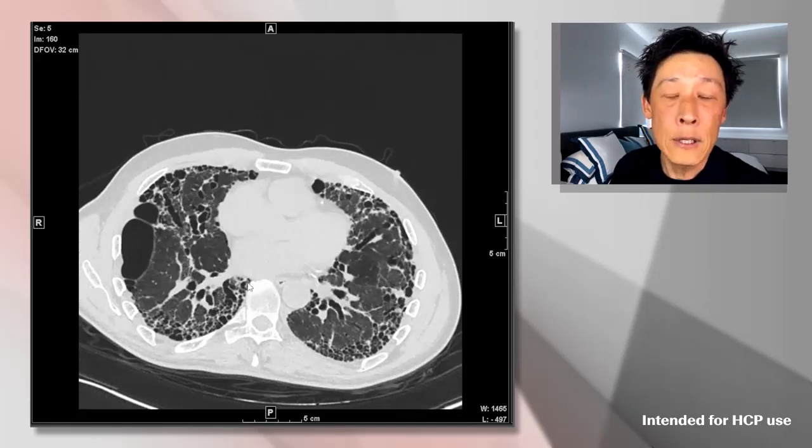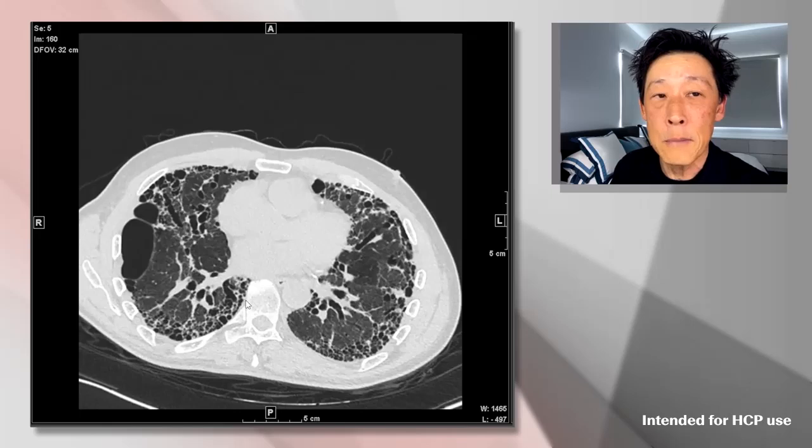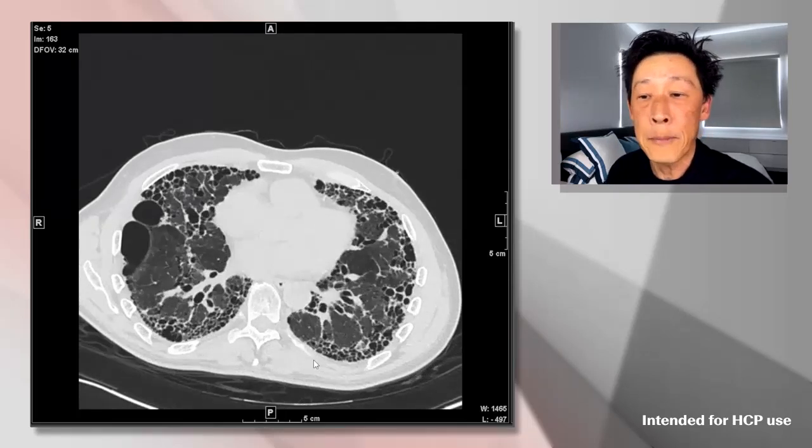And again, if we look here, this is central in the chest, and just as I mentioned earlier, central in the chest doesn't necessarily mean central in the lobe. When we talk about central and peripheral, it's relative to the lobe. And so even though this area is central to the chest, it's really peripheral to the lobe.